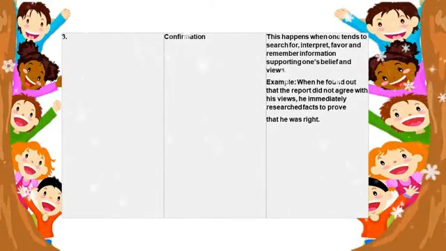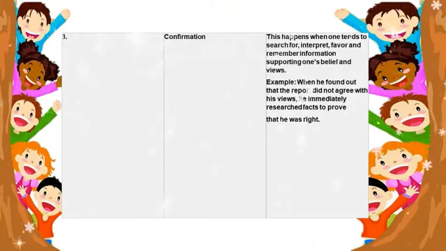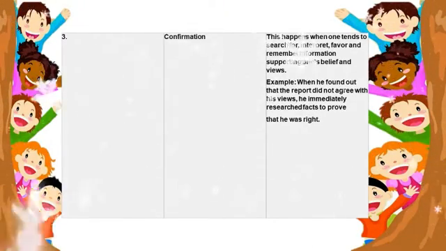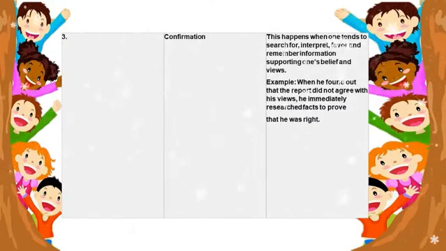Third, we have confirmation bias. This happens when one tends to search for, interpret, favor, and remember information supporting one's beliefs and views. So maybe the stereotype thing falls here.